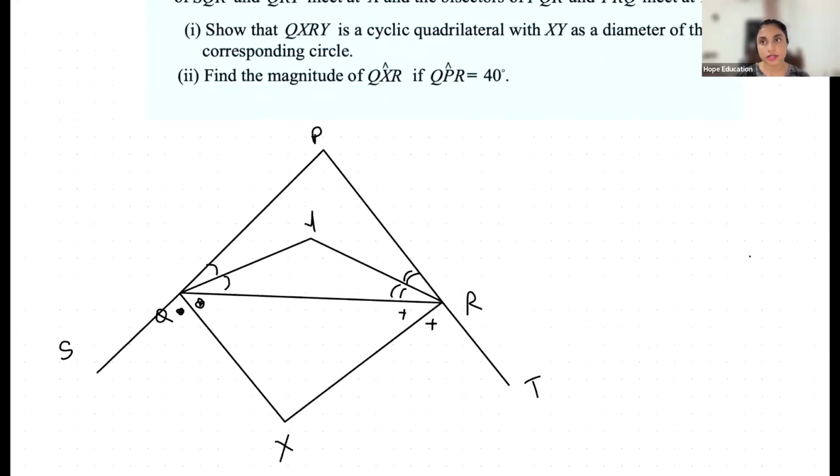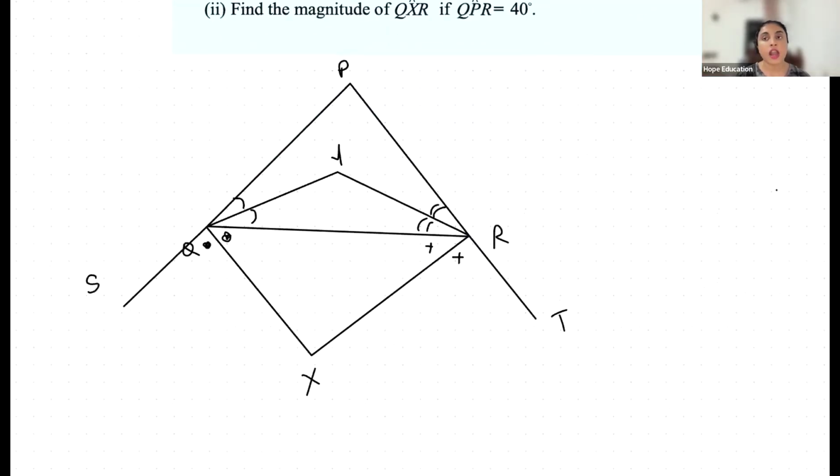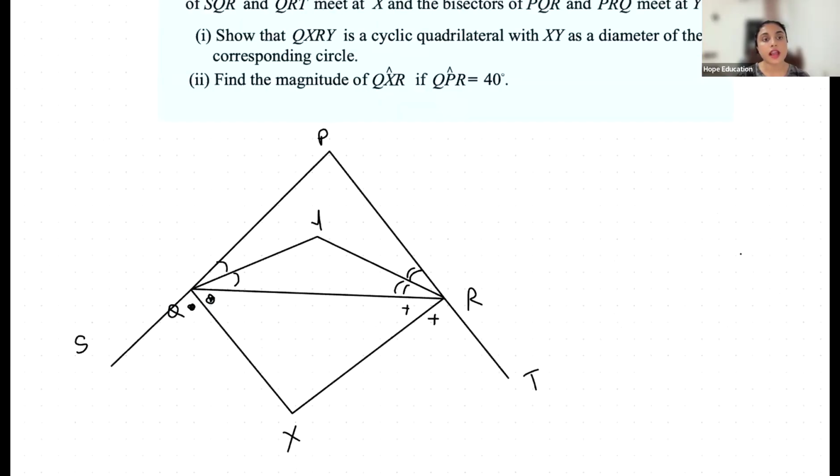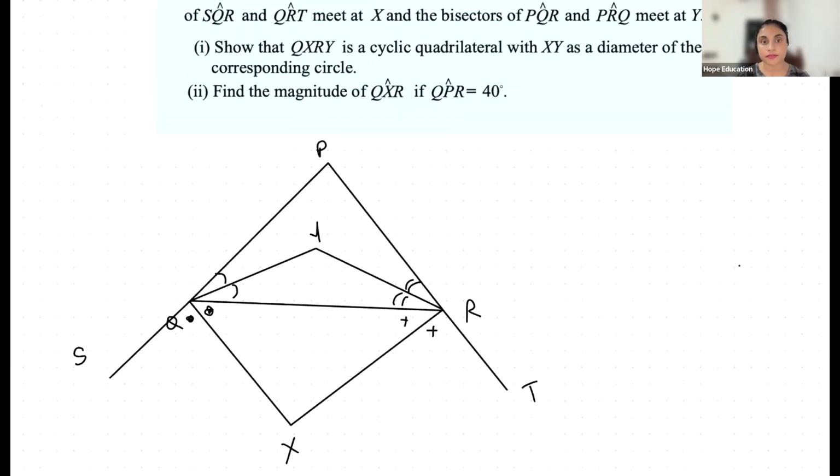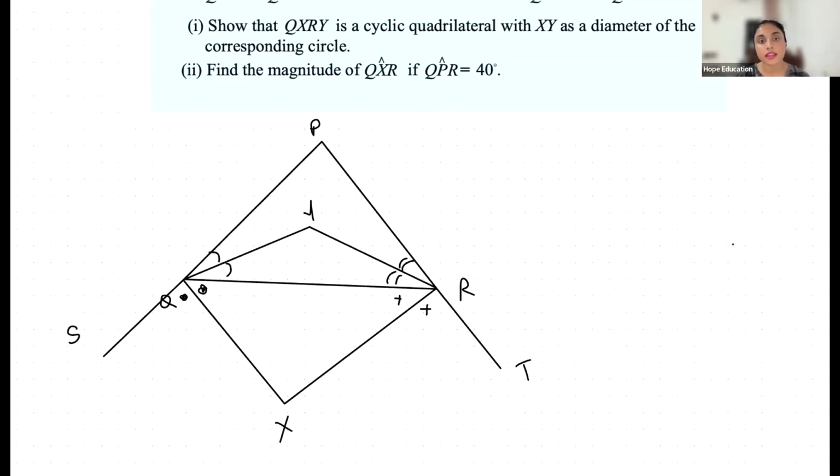Okay, how did you show this? How would you show that QXRY is a cyclic quadrilateral? How to show if any shape is a cyclic quadrilateral?